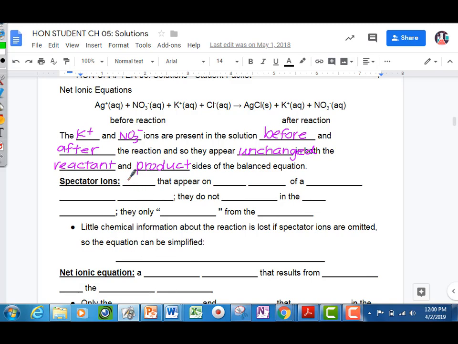So spectator ions are ions that appear on both sides of a balanced chemical equation.